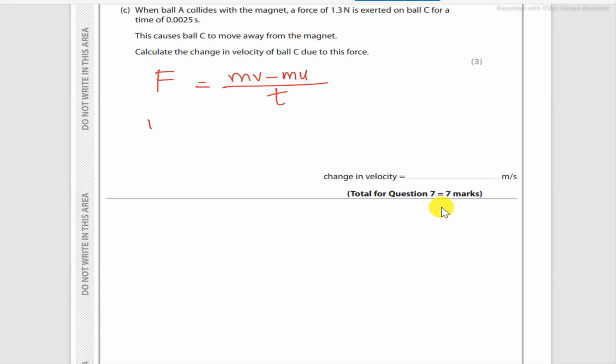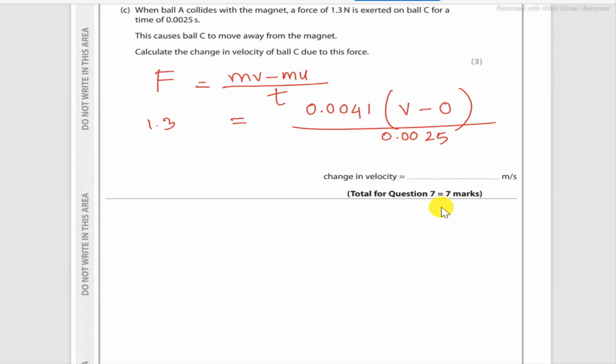Here force 1.3 Newton equal to mass 0.0041 into final velocity minus initial velocity. Initial velocity was 0 divided by time. Here time is 0.0025 seconds.